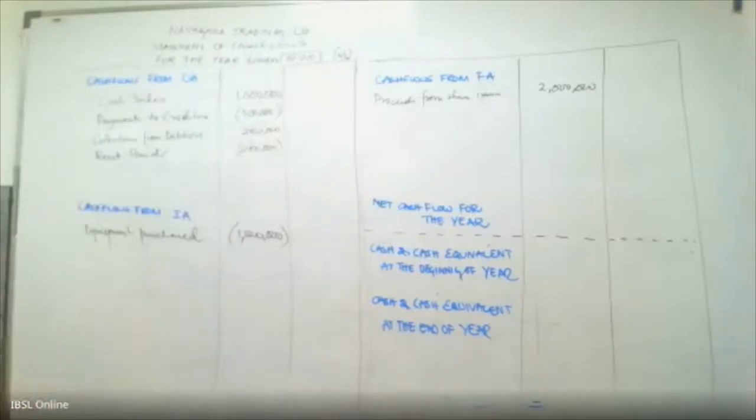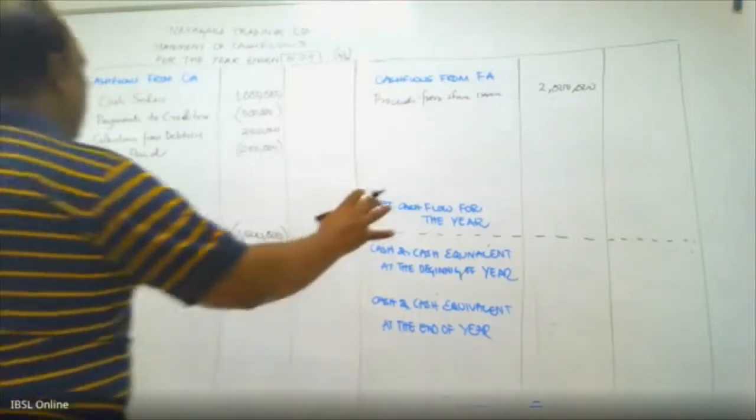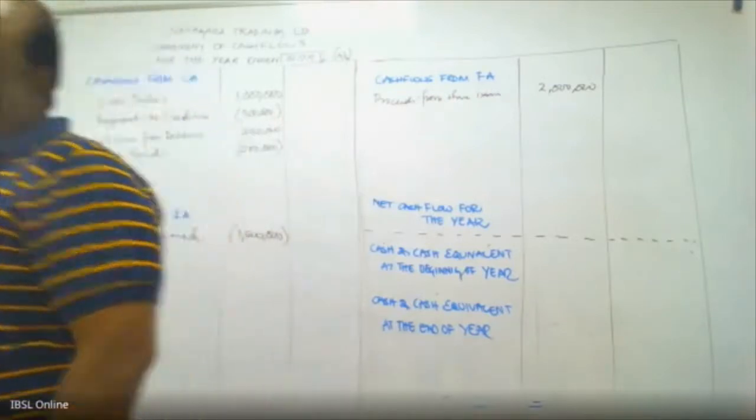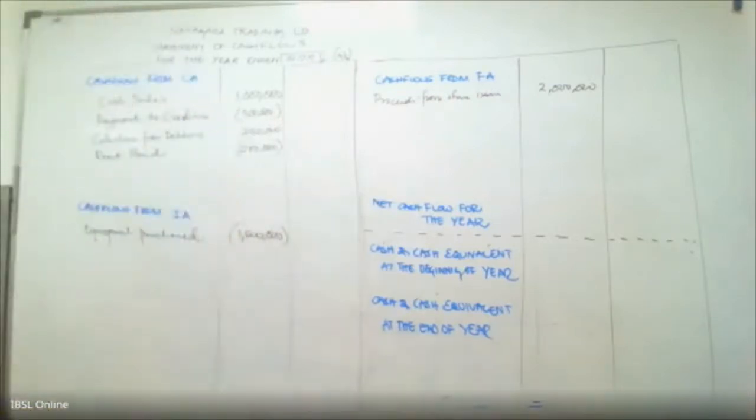Some candidates, since they see that it is telephone bills paid, say yes, it is paid in cash. But when? It is in 2017. I am preparing this cash flow for the year 2018. So this particular piece of information is not relevant for me.